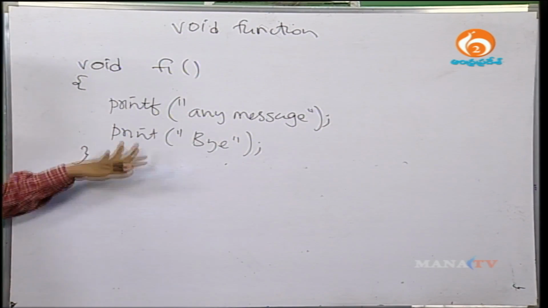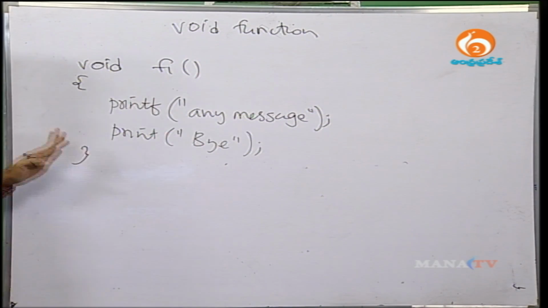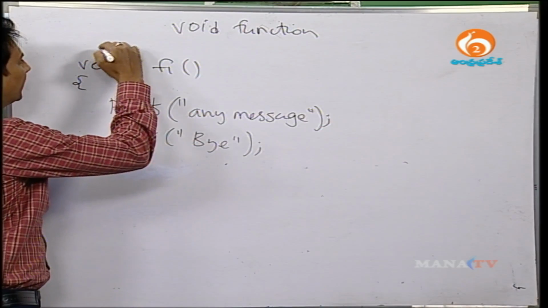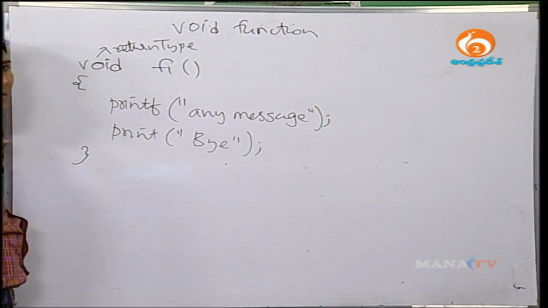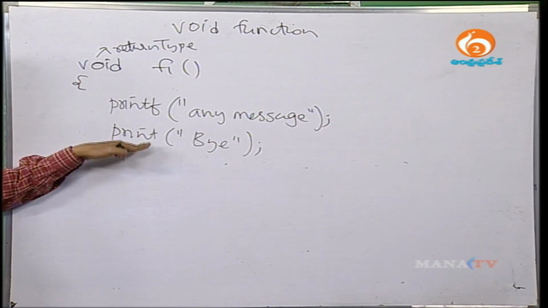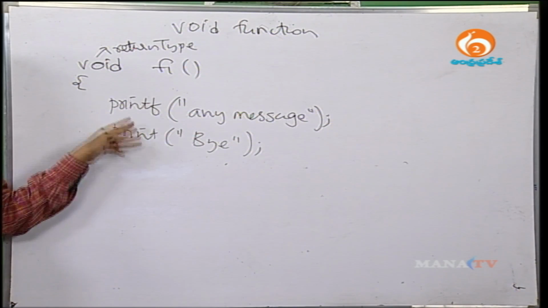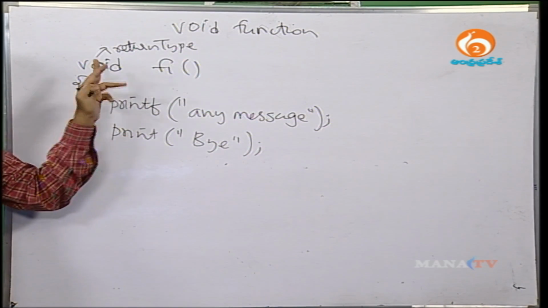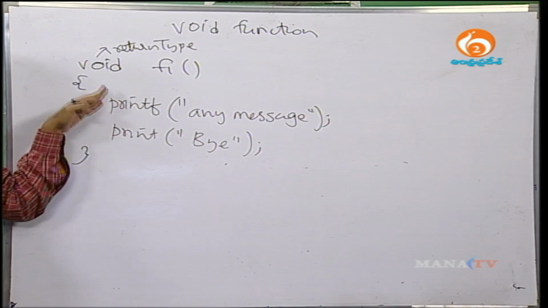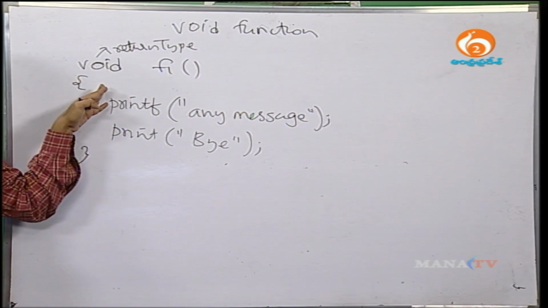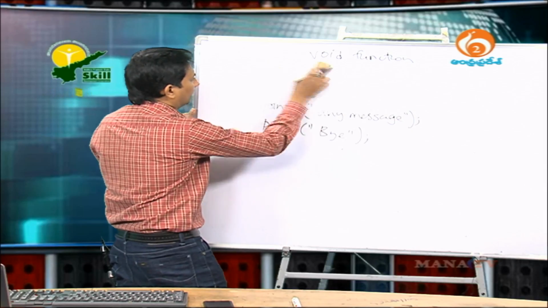That means we are not returning any value, so the return type should be void. This is the return type, and it should be void. Void means there is no return statement in this program; we are not returning any value to the calling function. That is the meaning of void. This f1 function is not returning any value to the calling function, so it is called a void function. I will write one example so that you can understand better.